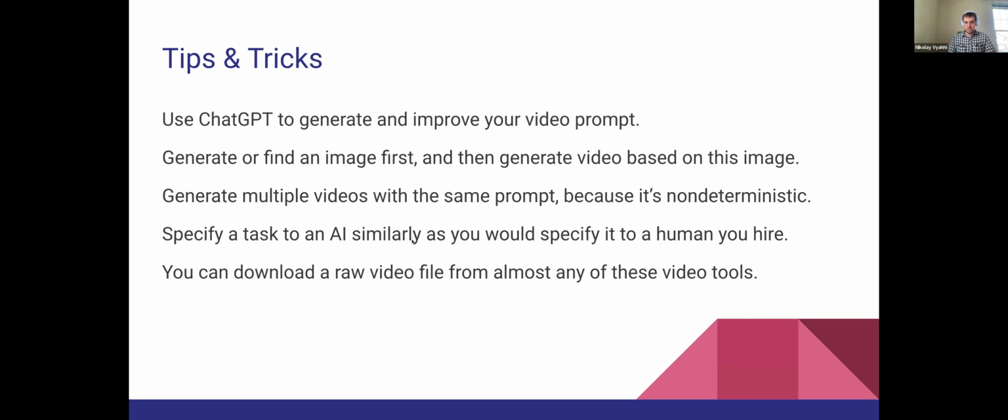Try to remember that you need to work on a prompt and specify your task, what you want AI to do for you, similarly as you specify the task to a human you hire. For example, if you want to produce some video and you hire a person who has tech skills, 3 years ago, 5 years ago, you would not probably specify it in just one abstract line.